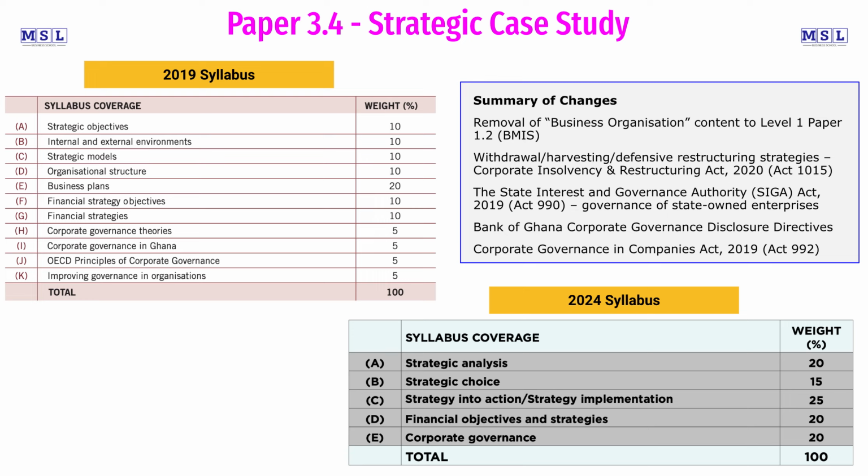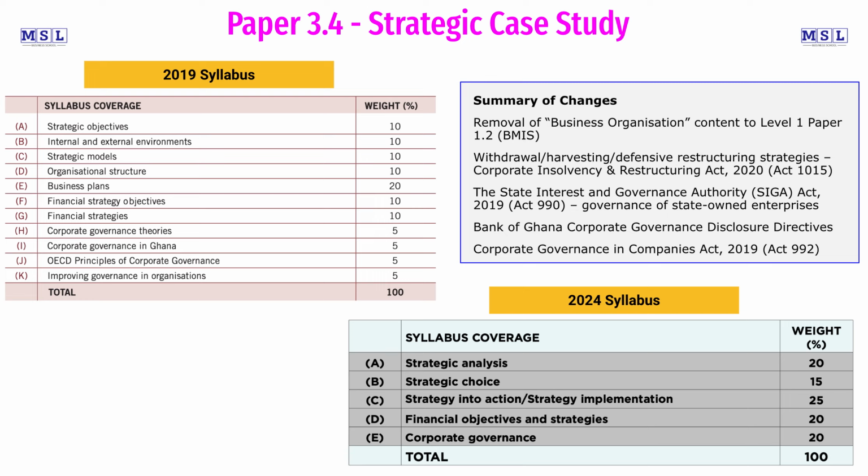They have added a few additional pieces of statute we should be familiar with. So the Corporate Insolvency and Restructuring Act of 2020, Act 1015, has been introduced under withdrawal or harvesting and defensive restructuring strategies, right? Then the State Interest and Governance Authority Act of 2019, Act 990, is a requirement now.